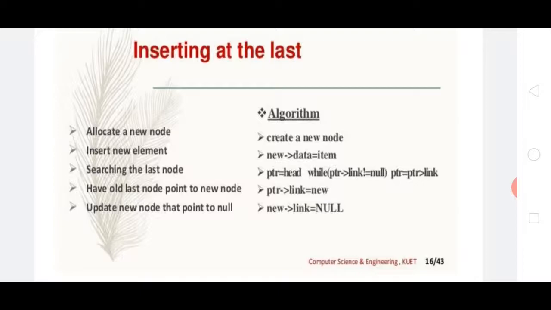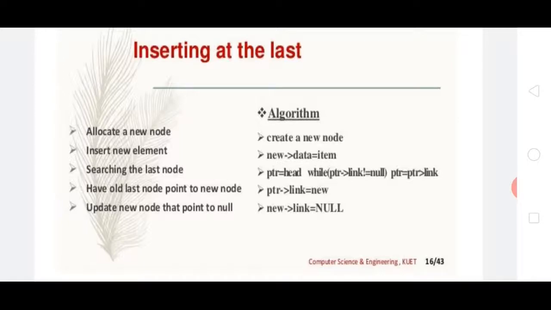Then, while ptr->link, link meaning the next pointer, is not equal to null. The meaning of the while statement is that the pointer moves from the first node to the second, third, up to the last node.